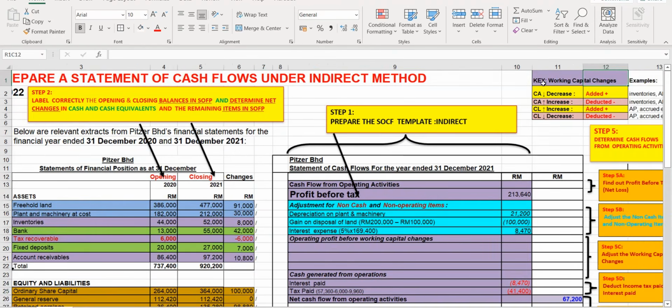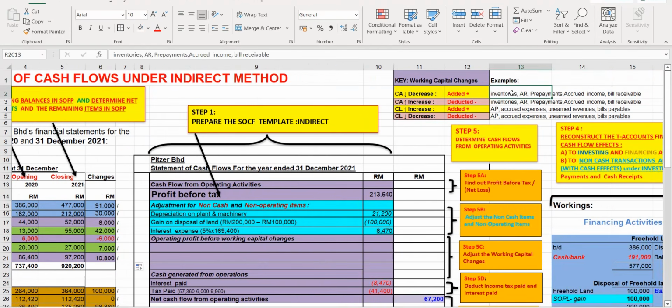Some other examples of operating assets I've included here. Inventories and accounts receivable are what we have at the moment. And then you have your prepaid expenses and accrued income. Prepaid expenses are current assets. If you have a decrease, you are going to add. If you have an increase, you are going to deduct.